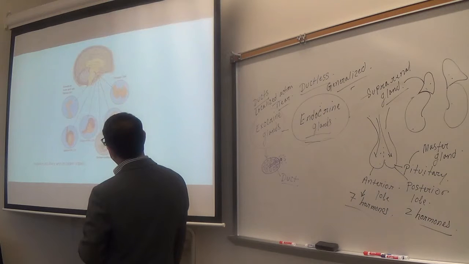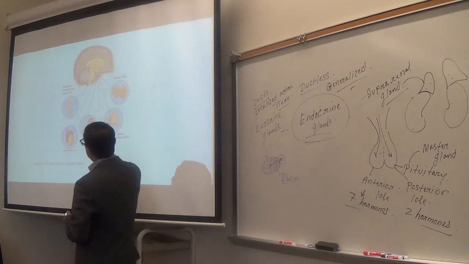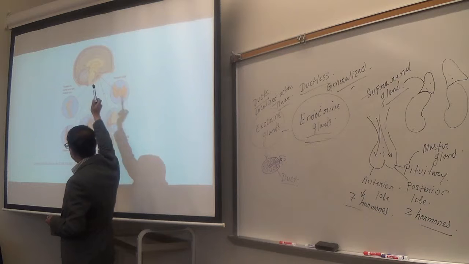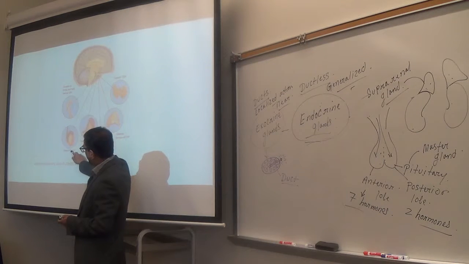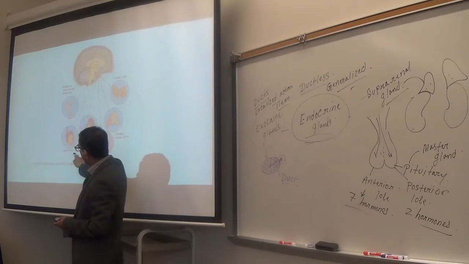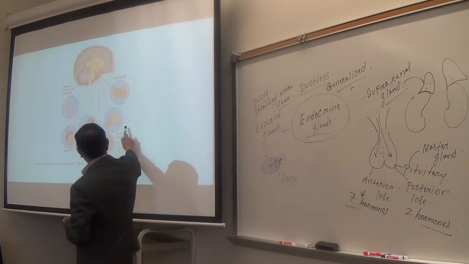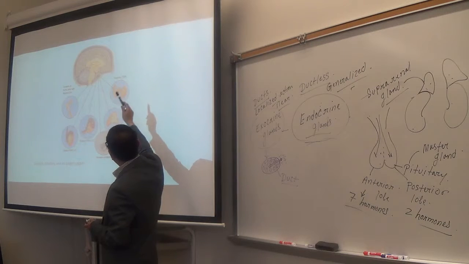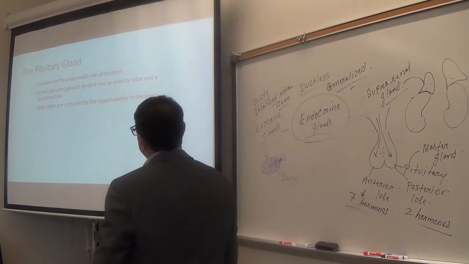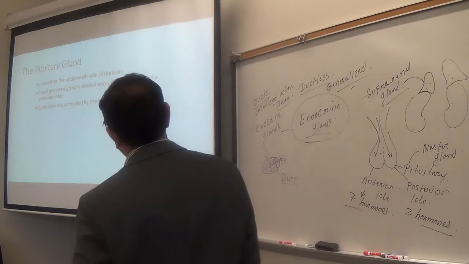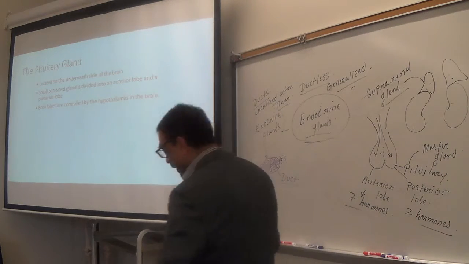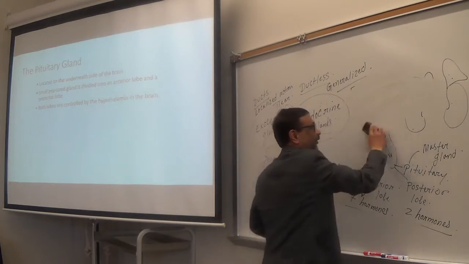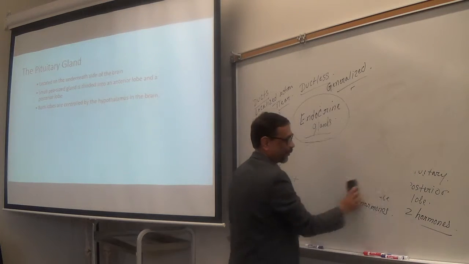Let's go back. So growth hormone is one. FSH, follicle stimulating hormone, is another. Luteinizing hormone, LH. Then adrenocorticotropic hormone, prolactin, and thyroid stimulating hormone. Let me write it down. That will be easy for you.